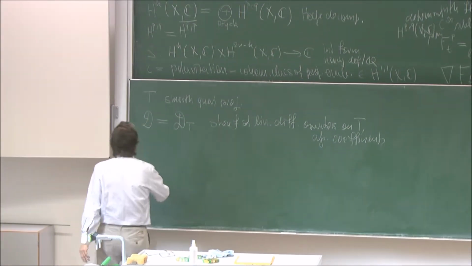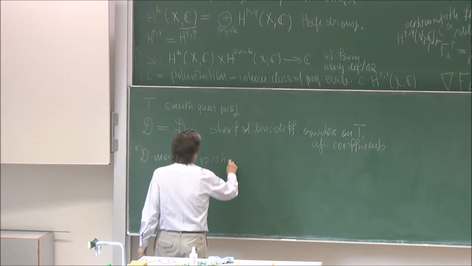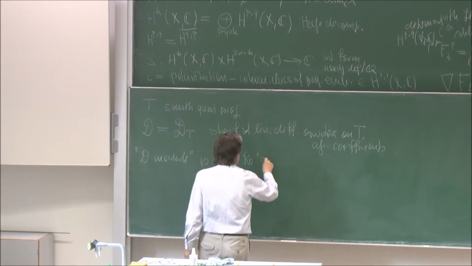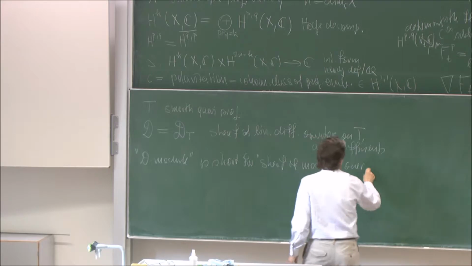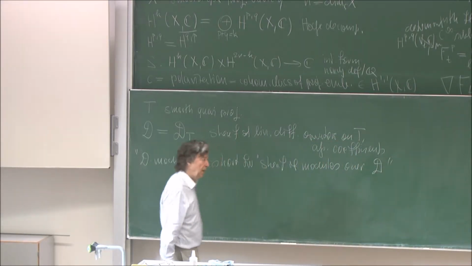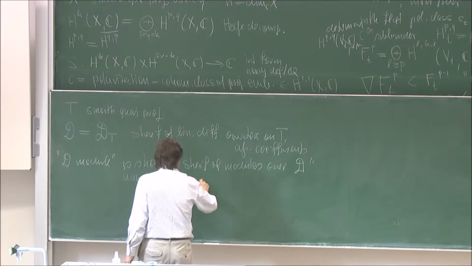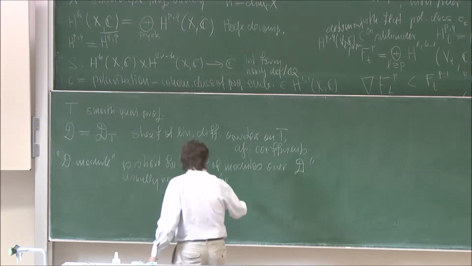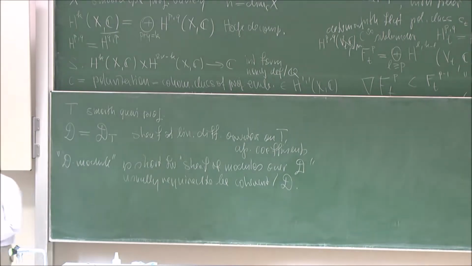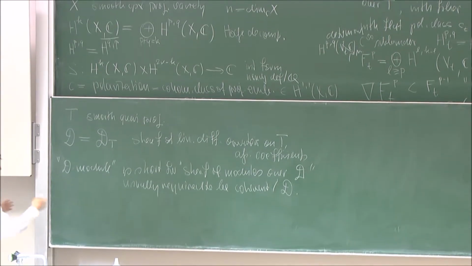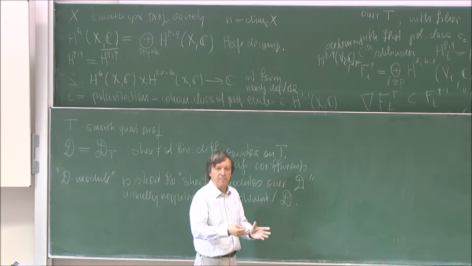And so then the word D-module is short for sheaf of modules over the sheaf of algebras D, and usually required to be coherent over D, so that there should be an image, at least locally, of a number of copies of D, and then with a finite number of relations.